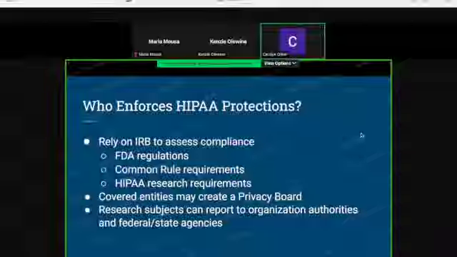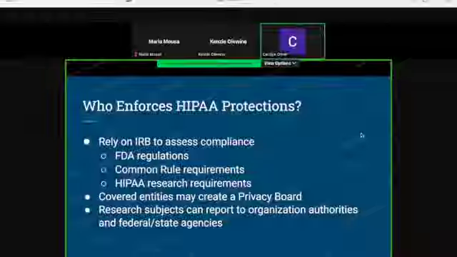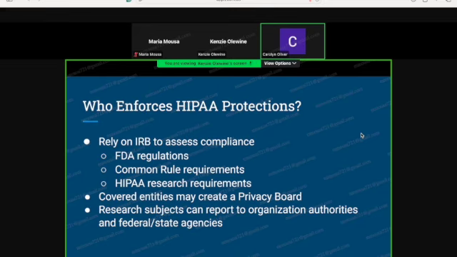And then research subjects also have rights under HIPAA, and they have the right to report to organizations and authorities at federal and state levels to report issues or things that they think are not being followed through HIPAA.